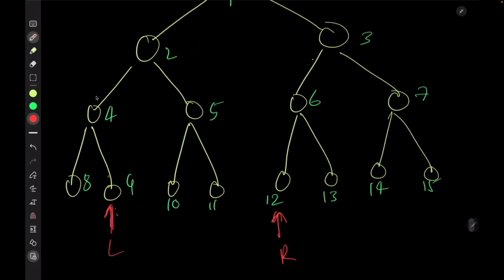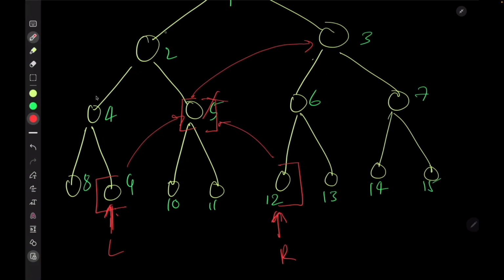L was the right child, so it will take this value and jump here. R was the left child, so it will take this value and jump here. Now L was the right child, so it would take this value and jump here. And again R was the right child, so it wouldn't take this value and jump here.